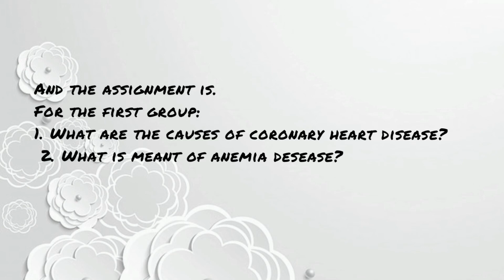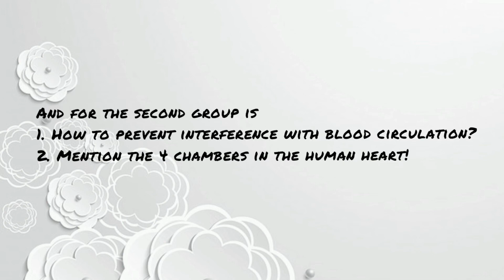And the assignment for the first group is: what are the causes of coronary heart disease? And then what is the meaning of anemia? And for the second group: how to prevent interference with blood circulation, and mention the 4 chambers in the human heart.